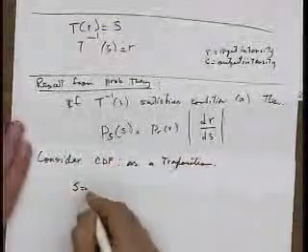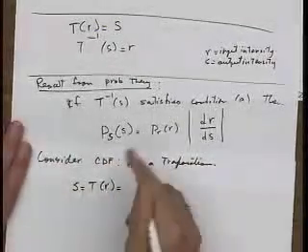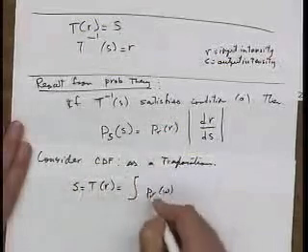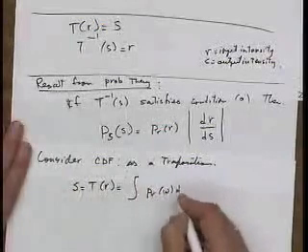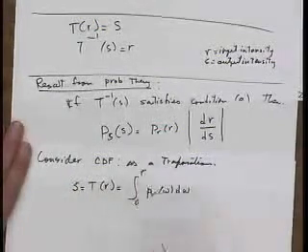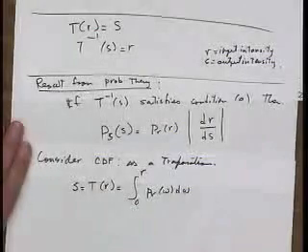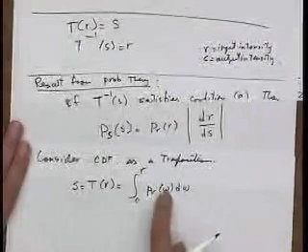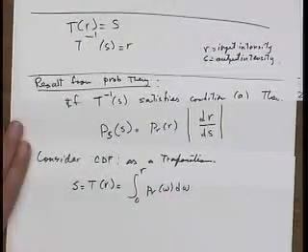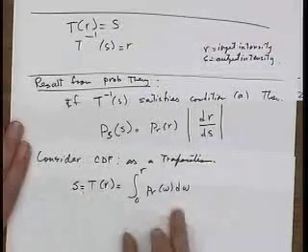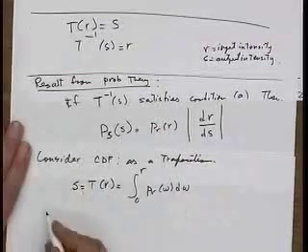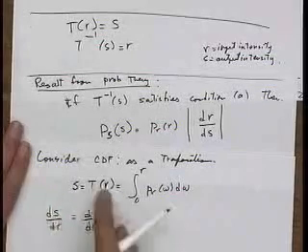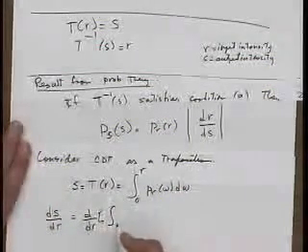So if S is T of R, the CDF in the continuous domain is essentially the integral of the PDF, the integral of P_R of w dw, ranging from 0 to R. So this is the CDF of the probability distribution of the input pixels. And now we can apply straightforward calculus, ds/dr. What is the derivative of this transformation?